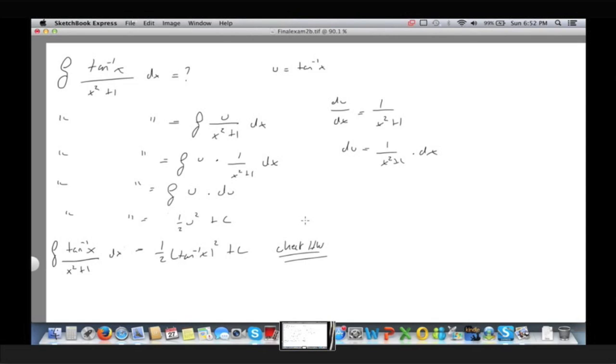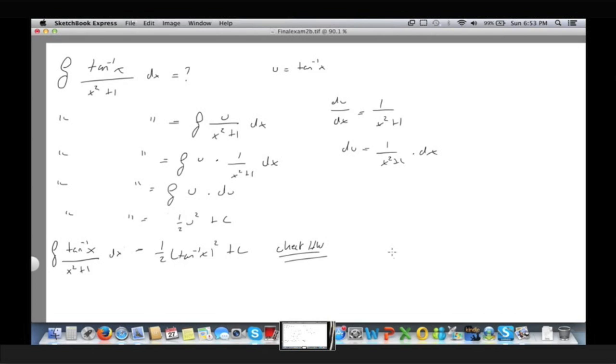Now, if you then take the derivative of 1/2 inverse tangent of x squared plus c, what should that give you? It should give you the inverse tangent of x. Well, actually, I think it'll give you 1 over x squared plus 1. I'm not sure why you said that. Well, sorry, that's not true. It'll give you the inverse tangent of x over x squared plus 1.